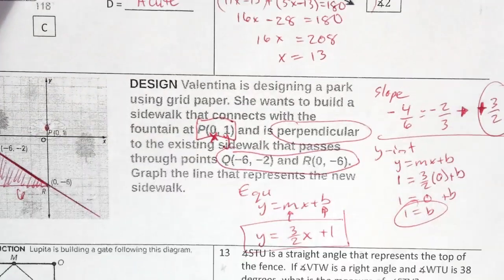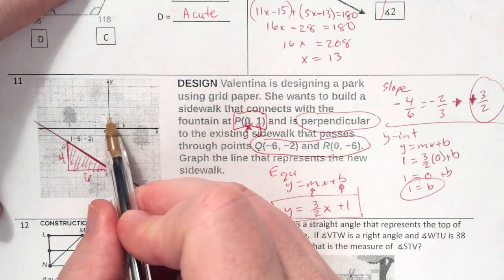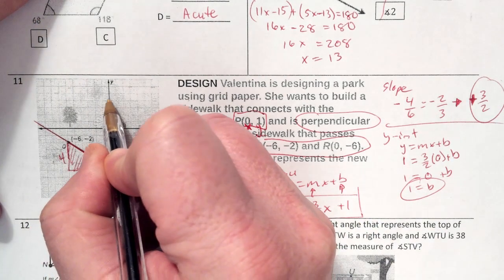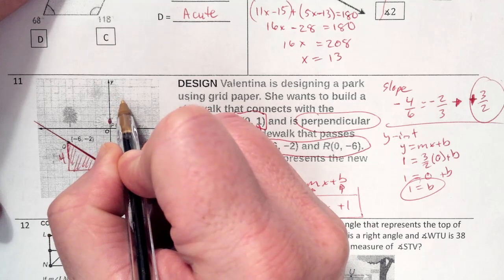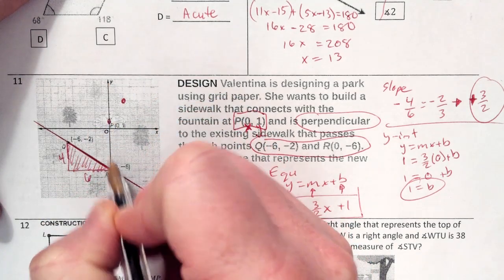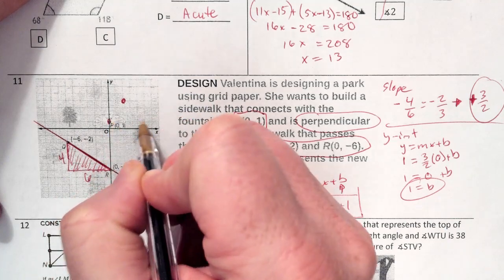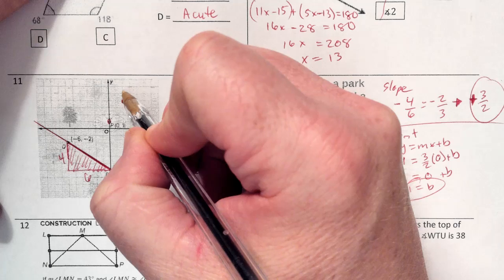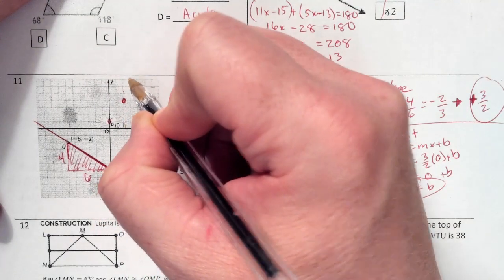If you needed to graph that, we went through this point. Here's the y-intercept, and our new slope was positive 3 over 2. So we go up 3, 1, 2, 3, to the right 2, 1, 2. You either go up or down, depending if it's positive or negative, and you always go to the right. Once you have this first line, just continue that pattern. Up 3, over 2.